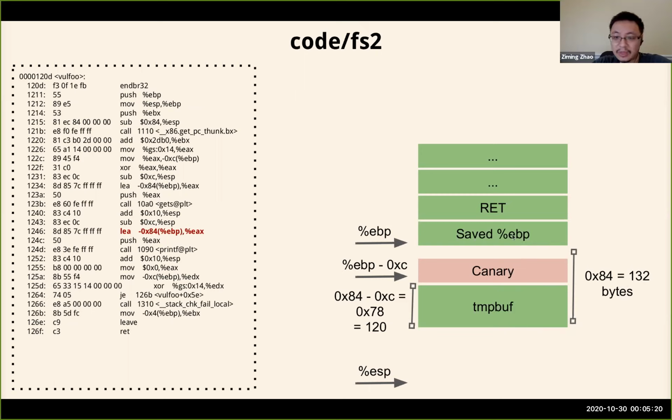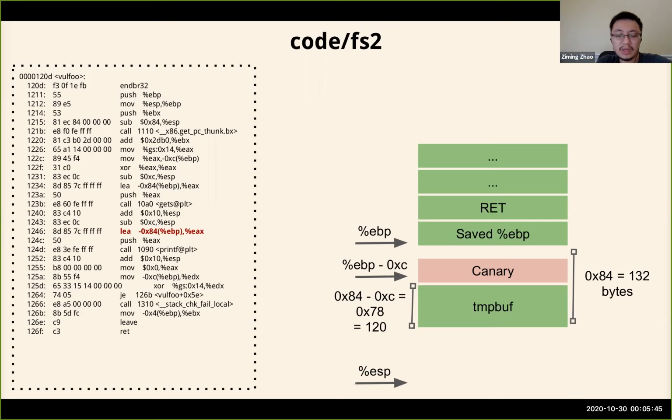So this part is 100, right? And the buffer and the calories is exactly 120 bytes there. And where's the ESP? ESP is somewhere here. We don't know where it is. It's here.